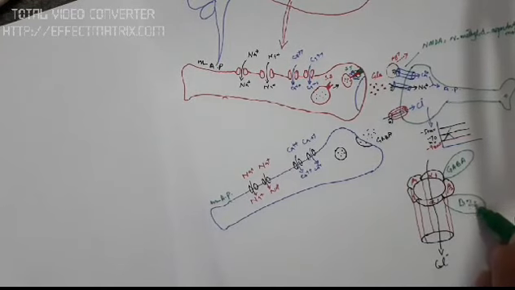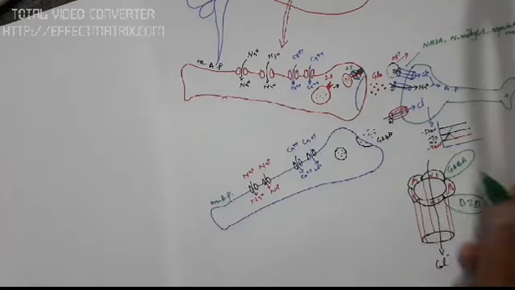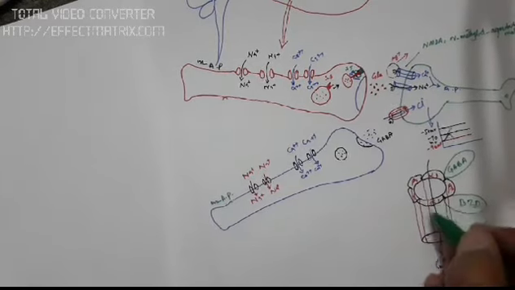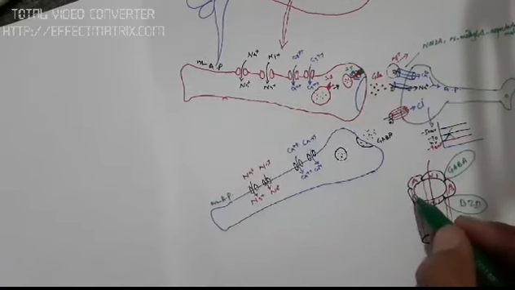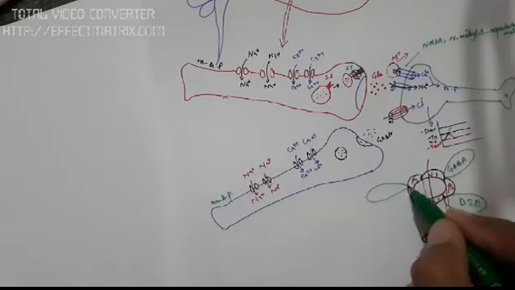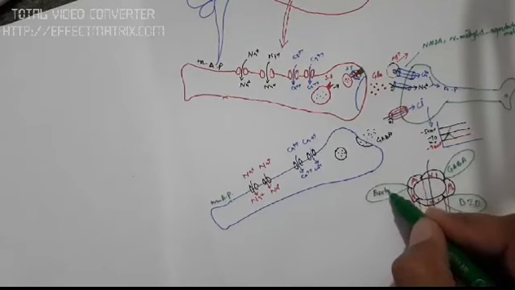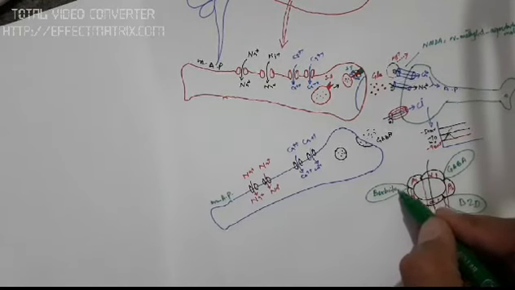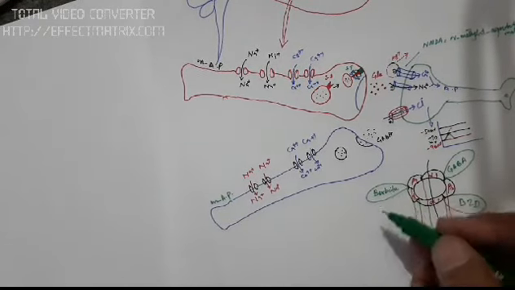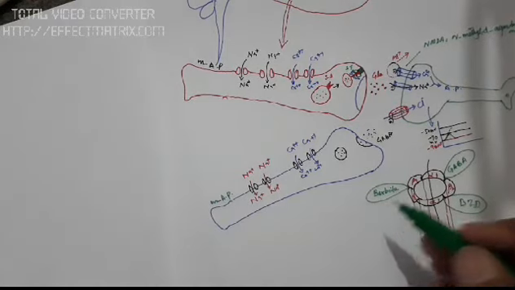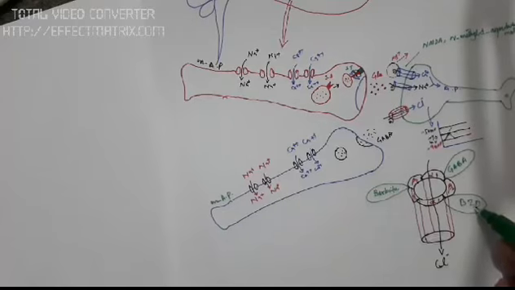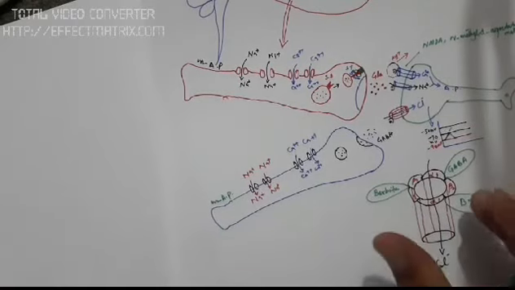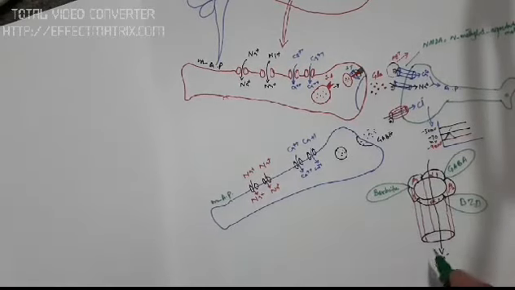This also causes the opening of this channel, and this is the barbiturate binding sites. The barbiturates, as I described, increase the time of opening of this channel, while benzodiazepine increases the frequency of opening and closing of this channel.